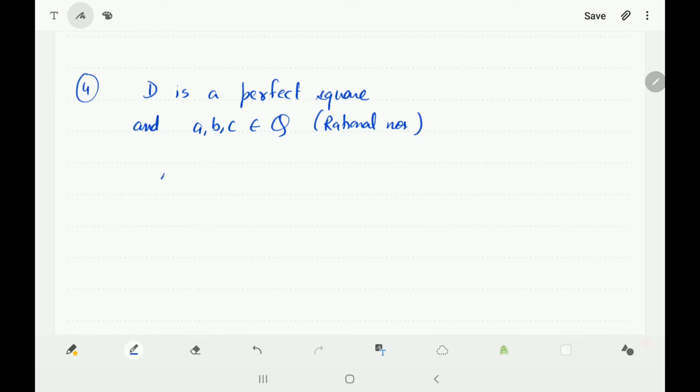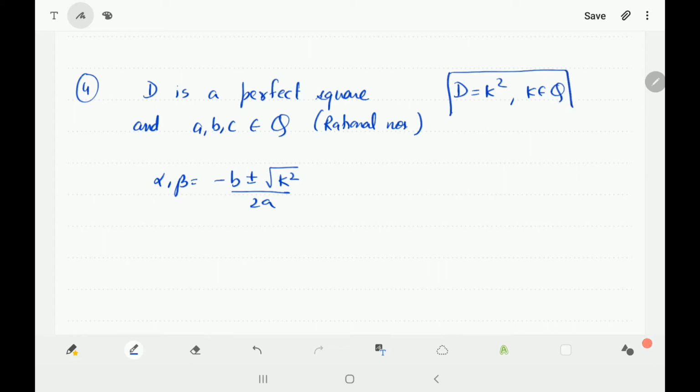Now our roots are (-b ± √(k²)) divided by 2a. Because D is a perfect square, I have considered D as k², where k is some rational number, the square root of a perfect square of a rational number. So we will get (-b ± k) divided by 2a.